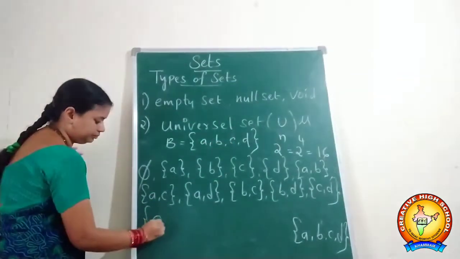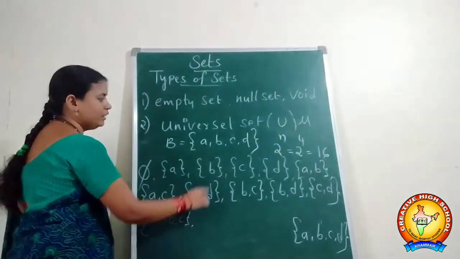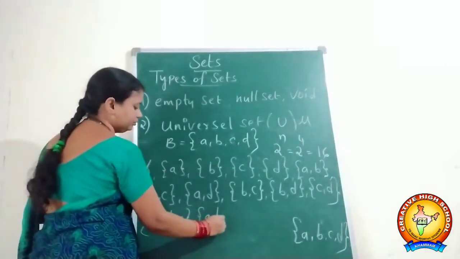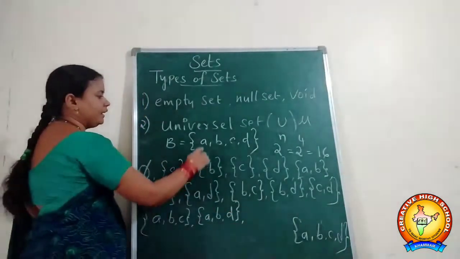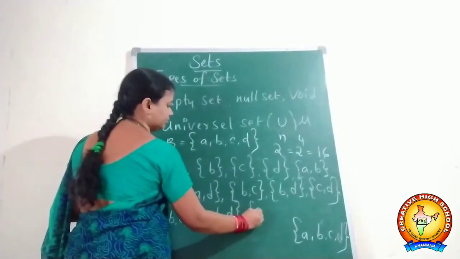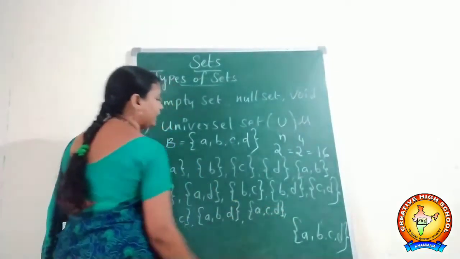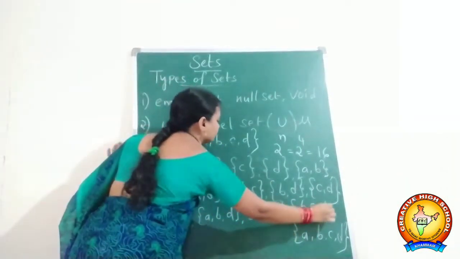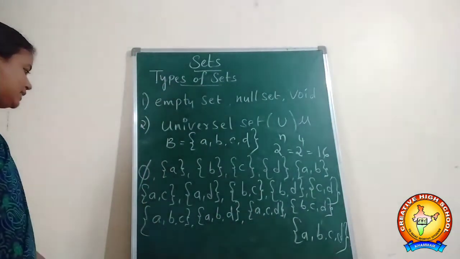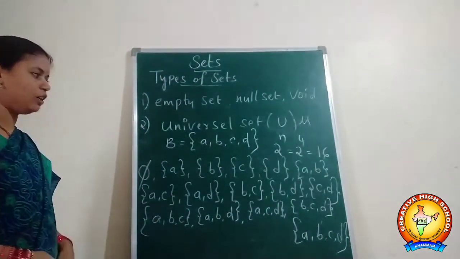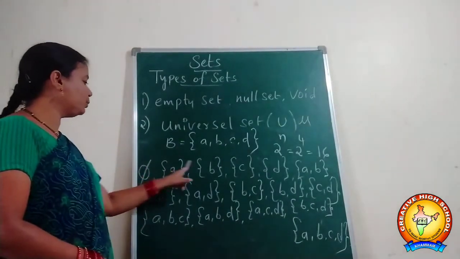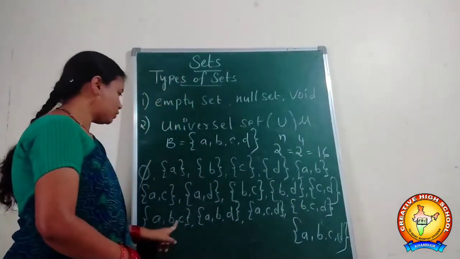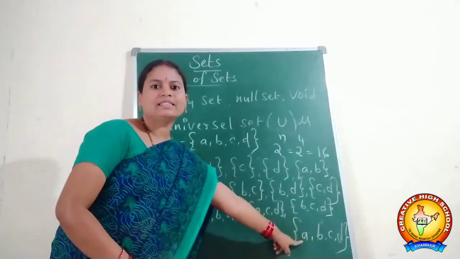Now take 3 elements: ABC. Next, ABD. Next, ACD. And next, start with B: BCD. Now let us count how many subsets we got: 1, 2, 3, 4, 5, 6, 7, 8, 9, 10, 11, 12, 13, 14, 15, 16.